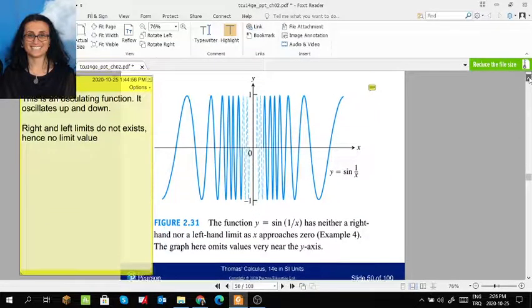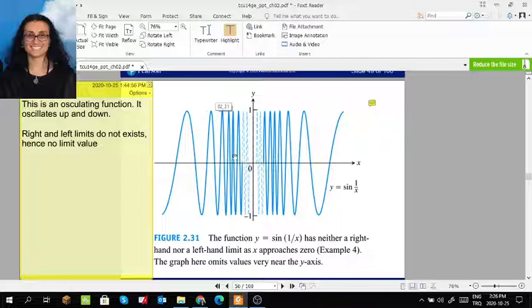I want to say something about this picture as well. It is kind of familiar to you because before we have seen a 0 function here and then this oscillating function. Actually this function y equals sine 1 over x looks like that. Look at that, it's just getting closer to 0 and oscillating, going up and down, up and down. Similarly here, going towards the left, getting close to 0, up and down. So what about the limit as x approaches 0? This is an oscillating function.